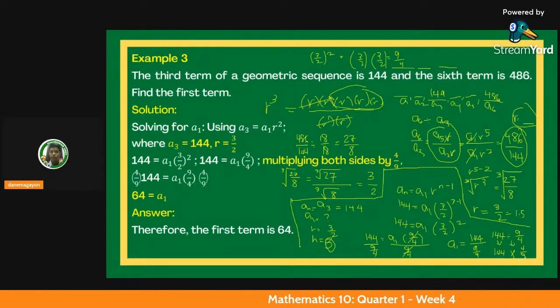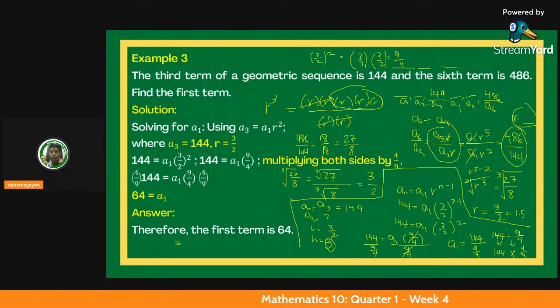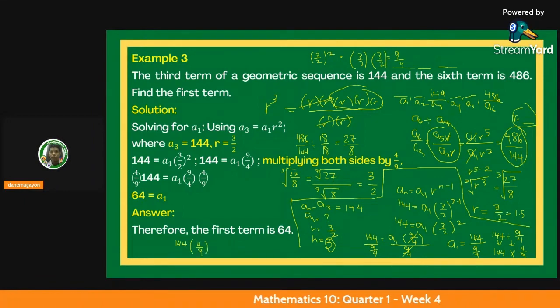Lagay na tayo ng space. So, ayan yung magiging solution natin. So, we have 144 times 4 over 9. Siguro dito sa kabilang side ko na lang ilalagay. Next time, try natin mas maging organized.